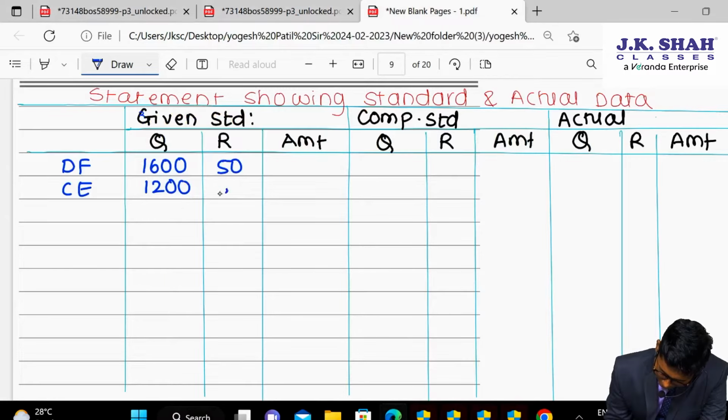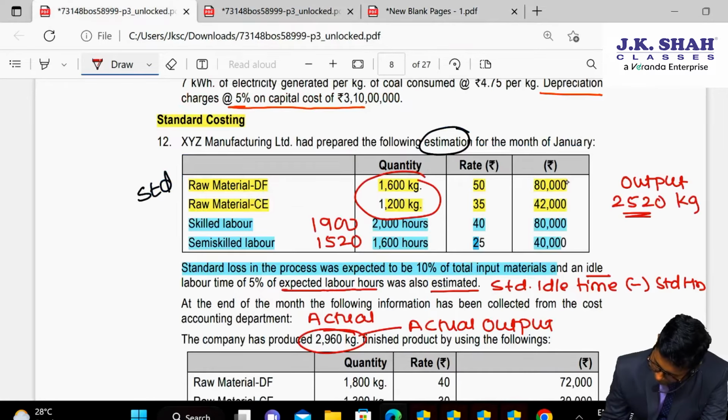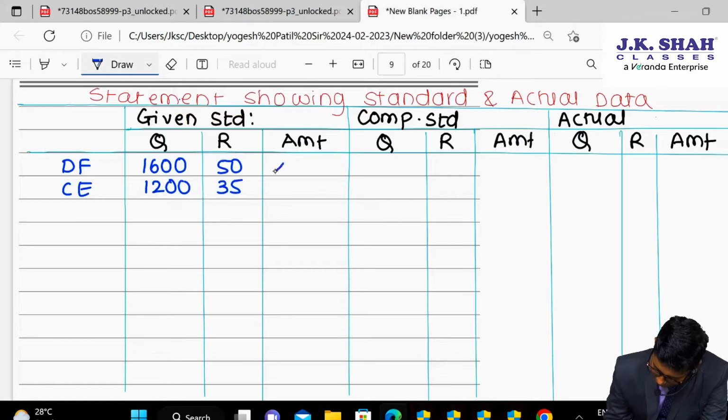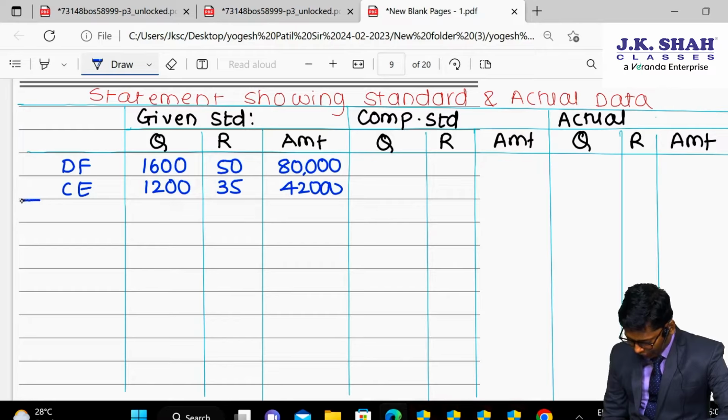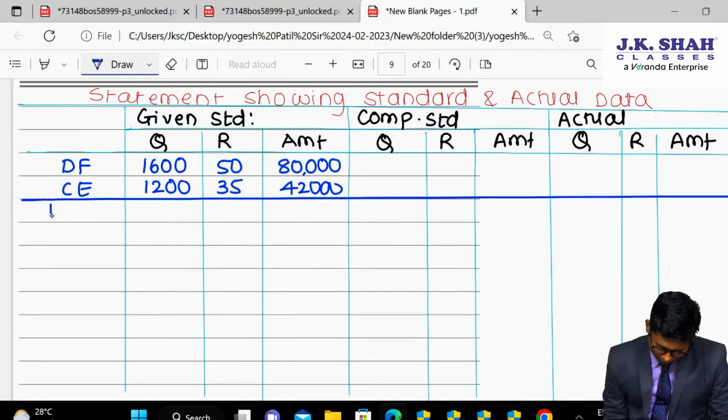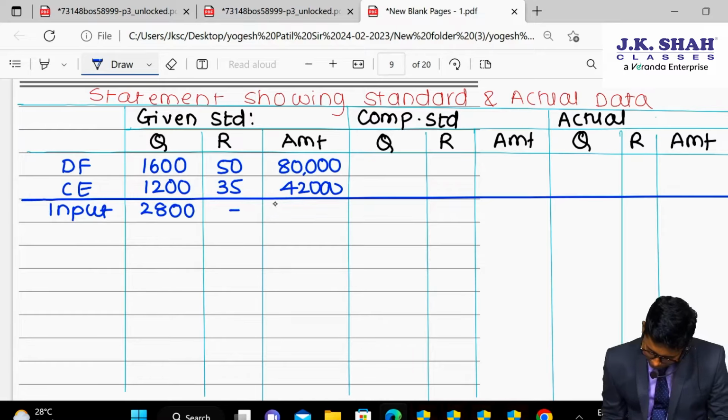You need not use a calculator as the multiplication values are given: 80,000 and 42,000. Correct? Now once this data is recorded, this gives you simply the input, and the total input quantity in this case is 2800 and the total input cost is 1,22,000.